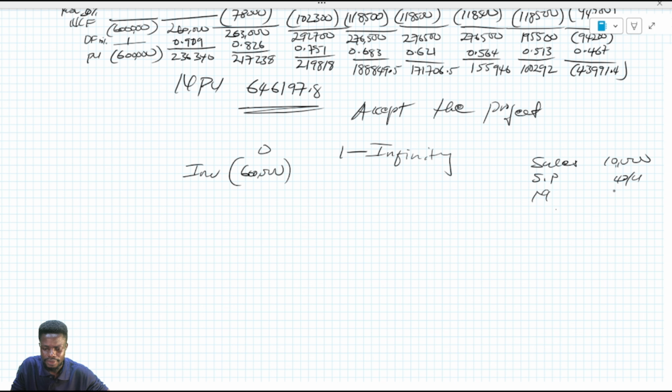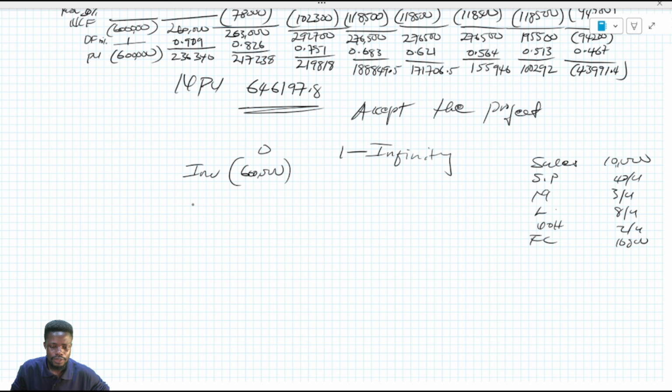Materials is $3 per unit. Labor is $8 per unit. Variable overheads is $2 per unit. And lastly, fixed overheads.